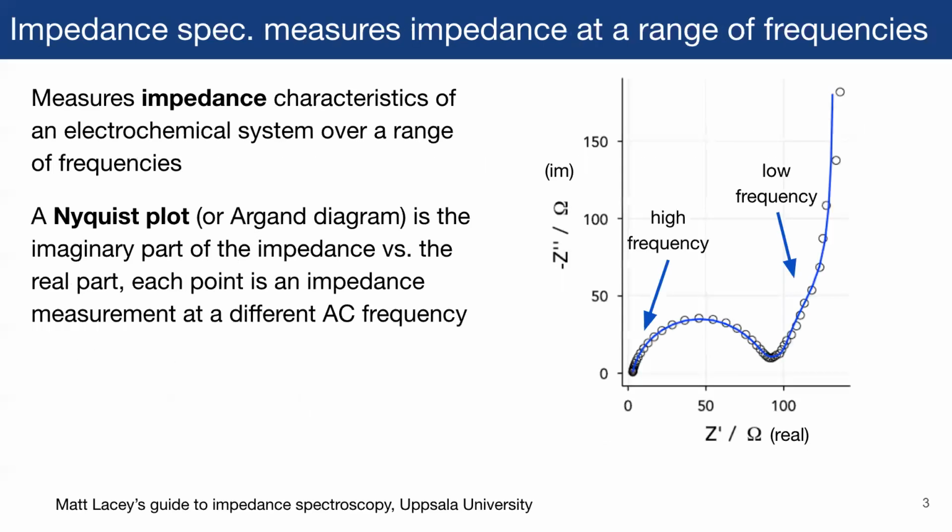So basically what EIS really is, it's measuring the impedance of an electrochemical system at a range of different frequencies. And so what that really means is applying an alternating current excitation to your system, and that alternating current is going to be applied over a range of frequencies throughout your measurement, and measuring the response.